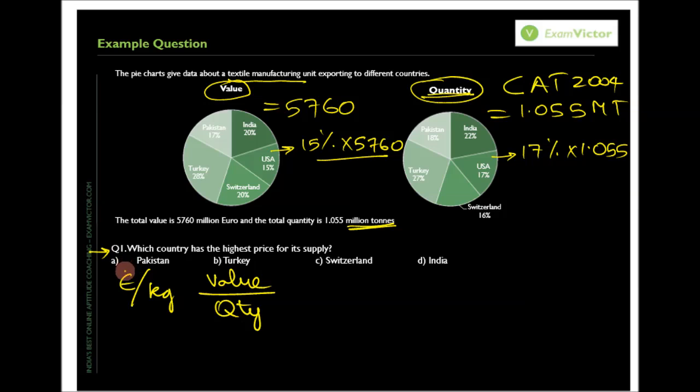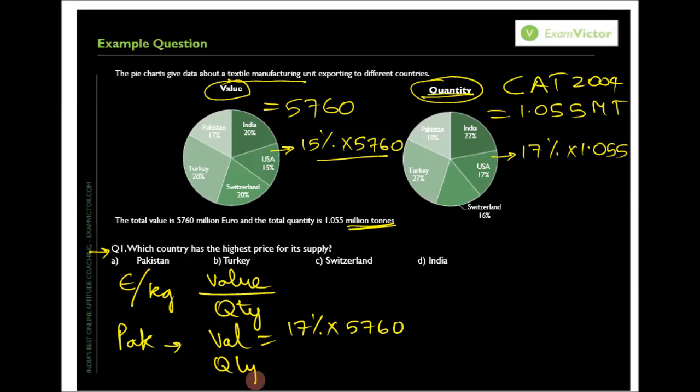Let's write it for Pakistan first and then we'll see how we can simplify it further and write much less for the other countries. If I had to calculate this number for Pakistan, the value for Pakistan is 17% of the total. So just for Pakistan, the value is 17% into 5760.